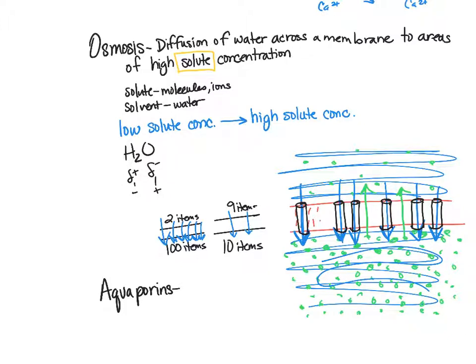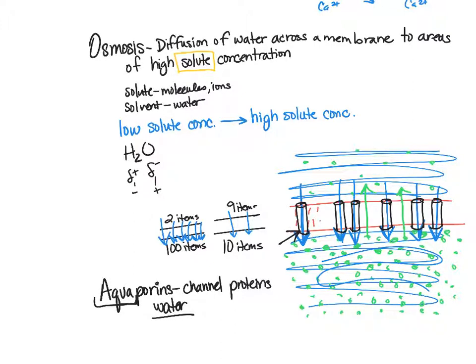Aquaporins are channel proteins that allow water to move across the plasma membrane, and these are just for water. Hence the name aqua, meaning water, and then porins. They're pores, or holes, for water to go through. And that's what I drew here, these little holes for water to go through.